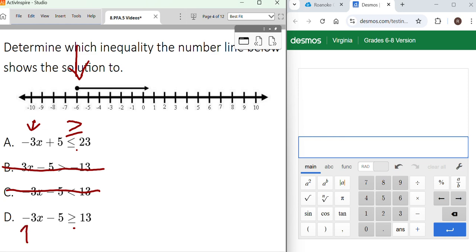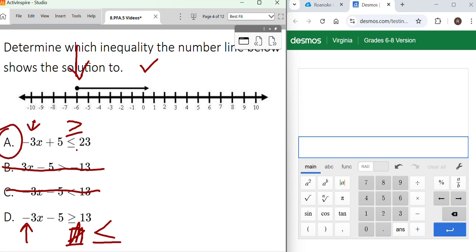Again, look at the negative in front of that coefficient that's with the variable. That means eventually this symbol is going to have to flip. Oops, I wrote the same one. That won't work. Let me flip it. That means it would have to go toward my left. So think about it. Which one do you think will match this arrow going to the right?